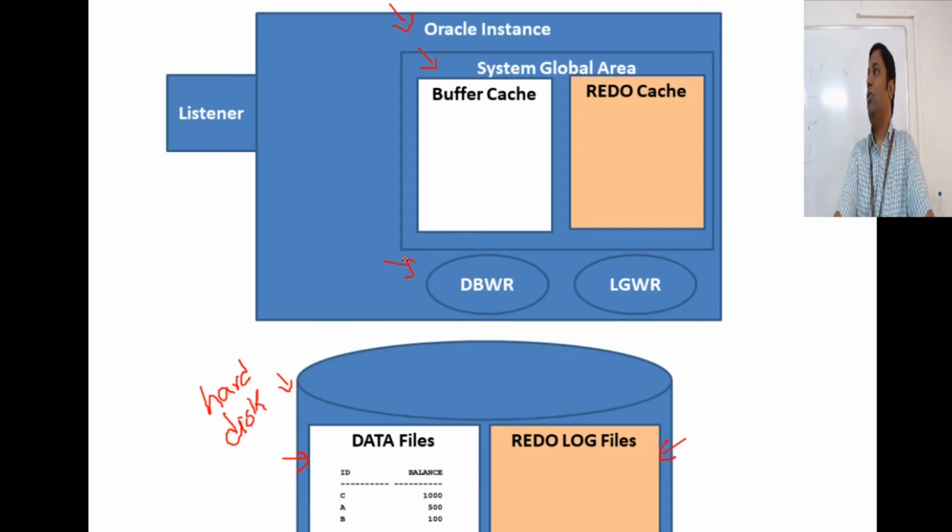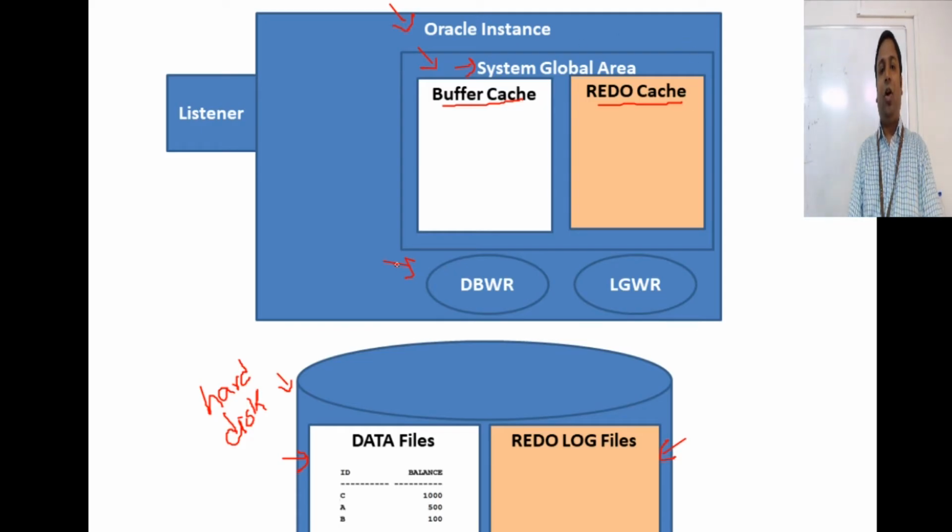What Oracle is going to do is go and acquire some memory for running its software. So it's going to have a set of shared memory architectures. What are those shared memory architectures? You call that the system global area. You'll have this buffer cache and redo cache. You also have other types of caches like log cache, dictionary cache, but we'll be focusing only on these two caches.